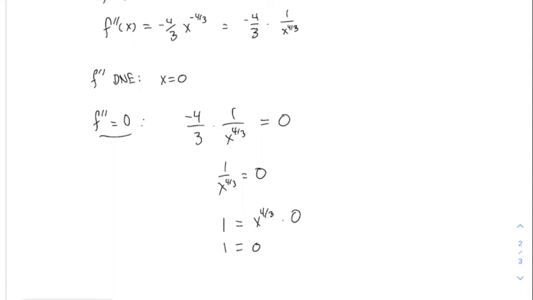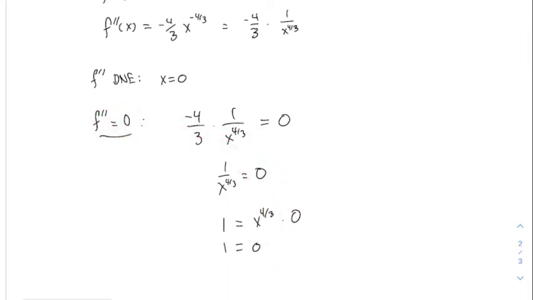Yes, it means the second derivative never equals 0, right? This is never true for any value of x. That means this can never be true, which means this can never be true, which means this can never be true. So this step here where we set the second derivative equal to 0, we just don't get any other critical numbers.